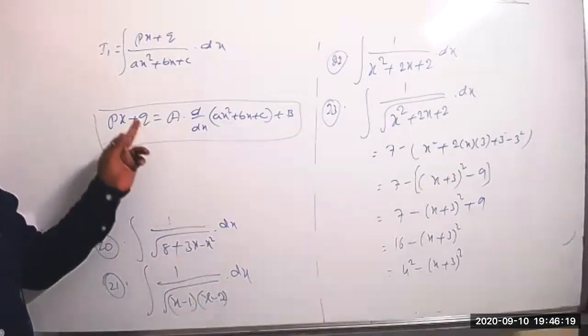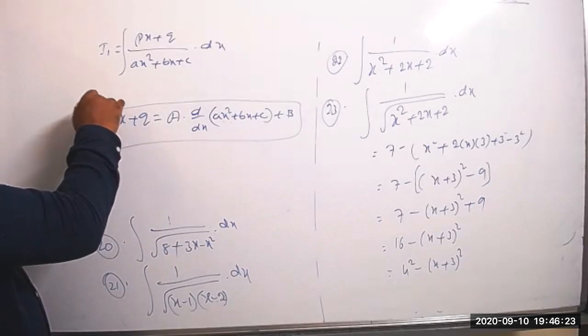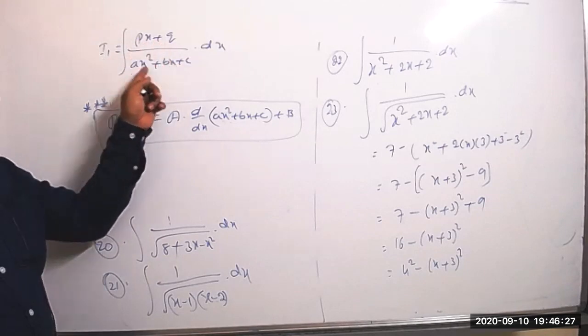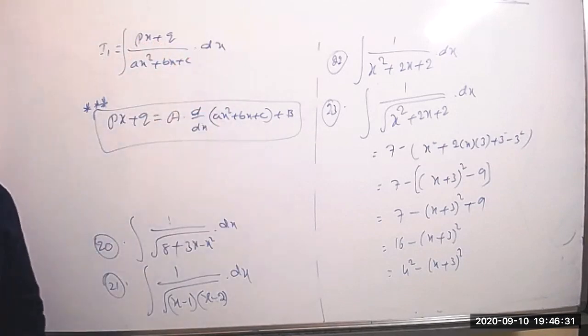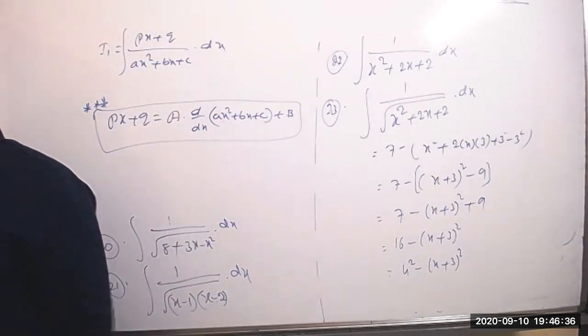This is one of the important formulas. You should learn it perfectly. When integration of px plus q by ax square plus bx plus c into dx is given, with this kind of question we have to apply this formula.